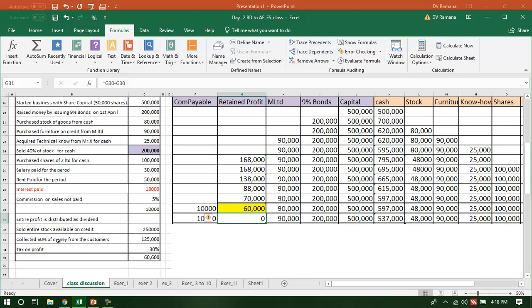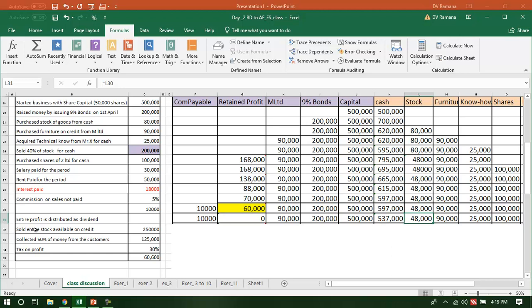And now how much stock is left? We have 48,000 of stock left. So what can the company do? The company can sell the stock or keep it with the company and sell it later, and the stock will appear as an asset in the balance sheet because it will generate future cash flows.